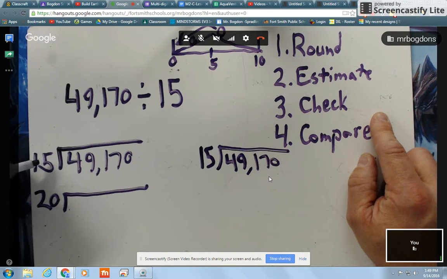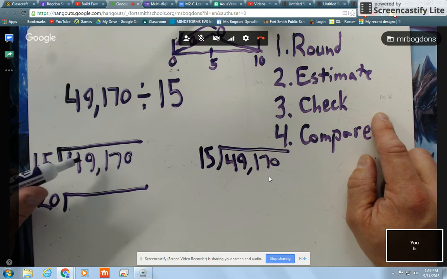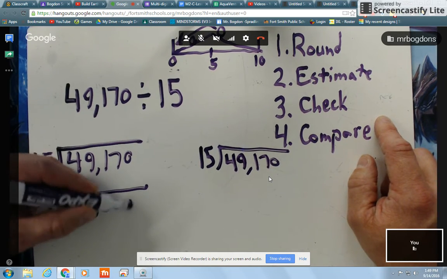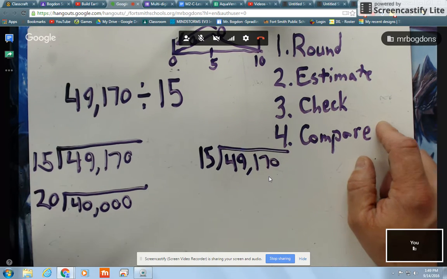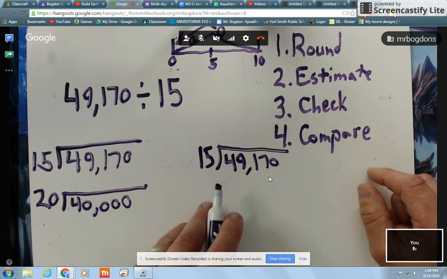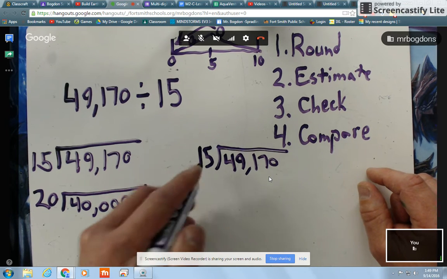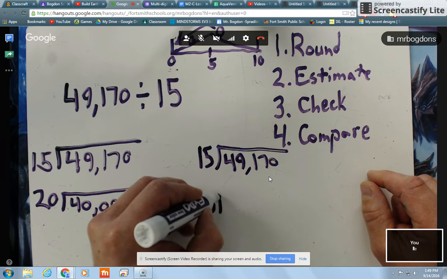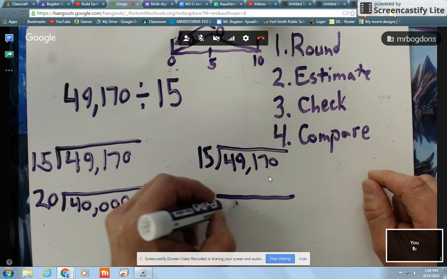And since I rounded this one up, let's go ahead and round the other one down. And for our other estimate, let's go ahead and round our divisor down. And then let's round this one up.